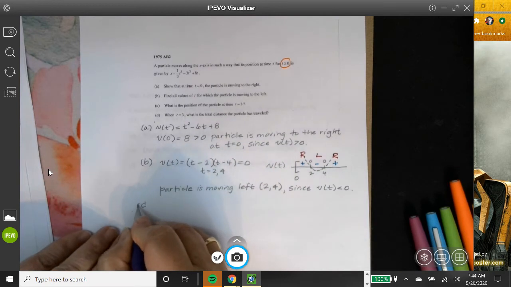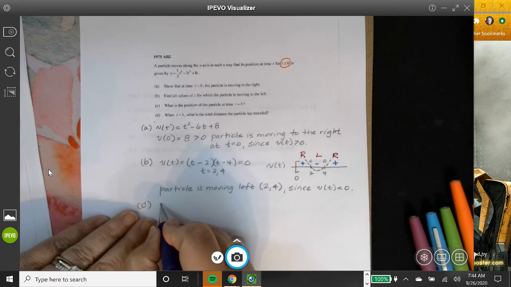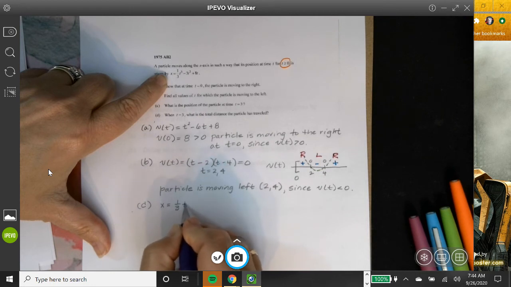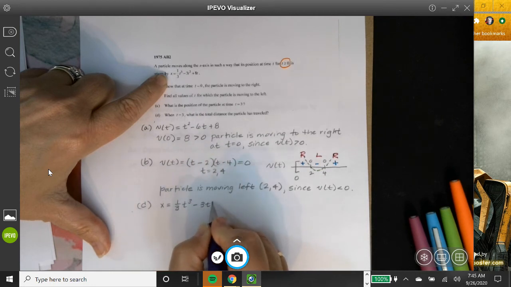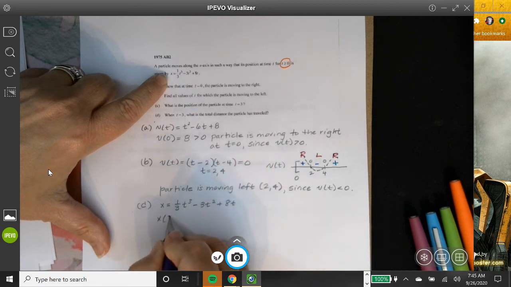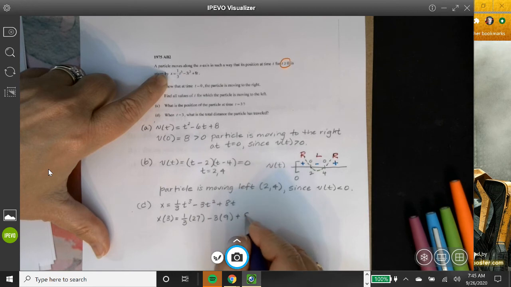All right, part C. What is the position of the particle at time t equals 3? The position function they gave us was x equals 1/3 t cubed minus 3t squared plus 8t. So I want the position at 3, which means 1/3 times 27 minus 3 times 9 plus 8 times 3.